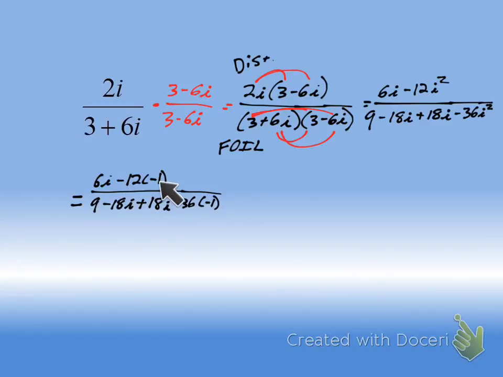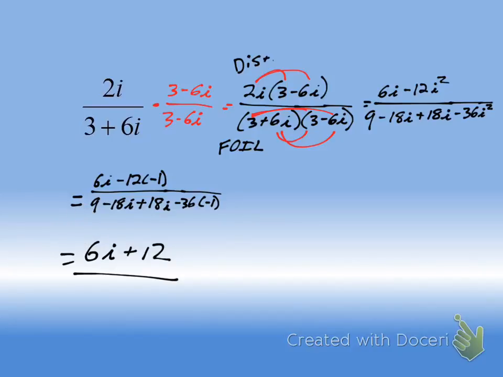Negative 12 times negative 1 gives you what? 12. Okay. So the top becomes 6i plus 12. The bottom, we get negative 36 times negative 1. It becomes what? 36. And what's the like term with 36? 9.